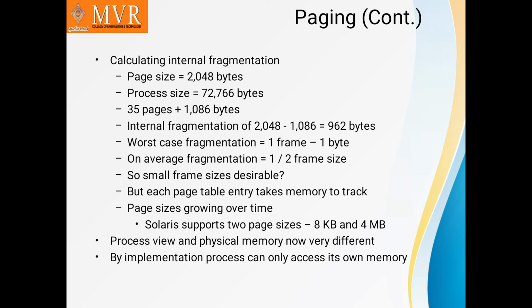On average, fragmentation equals 1 by 2 of the frame size. Small frame size is desirable, but each page table entry takes memory to track. Page size is growing over time, and Solaris supports two page sizes, that is 8 KB and 4 MB.